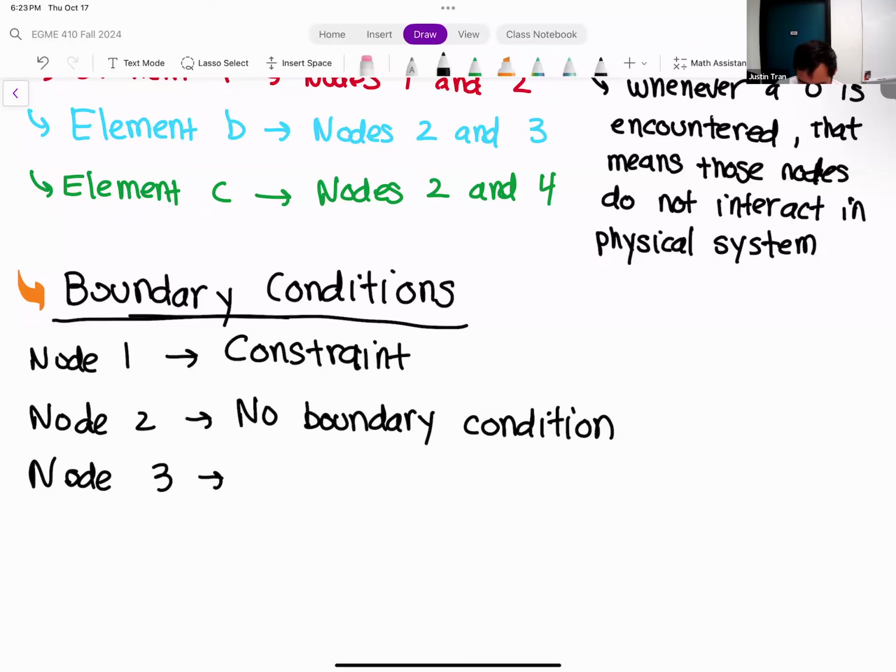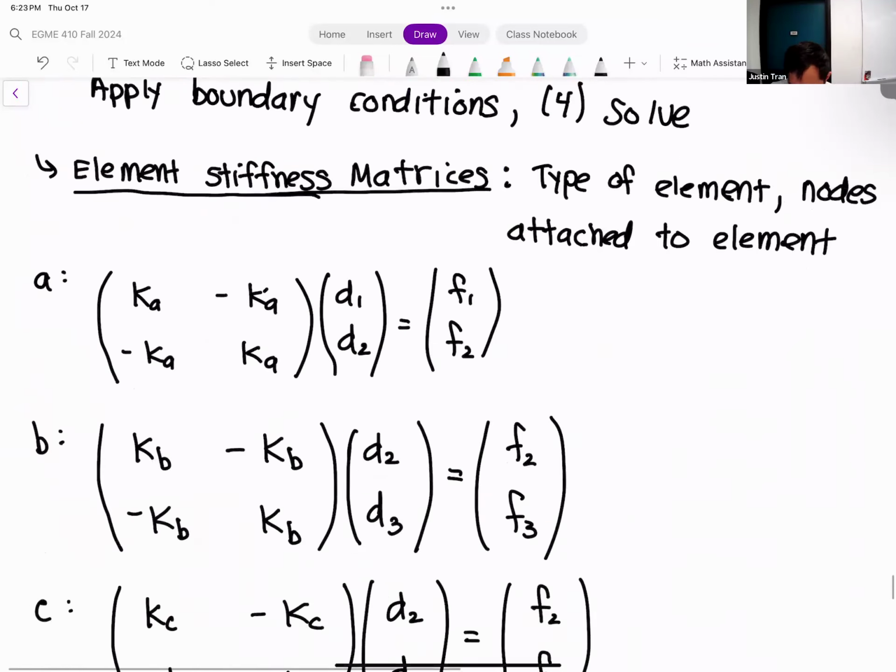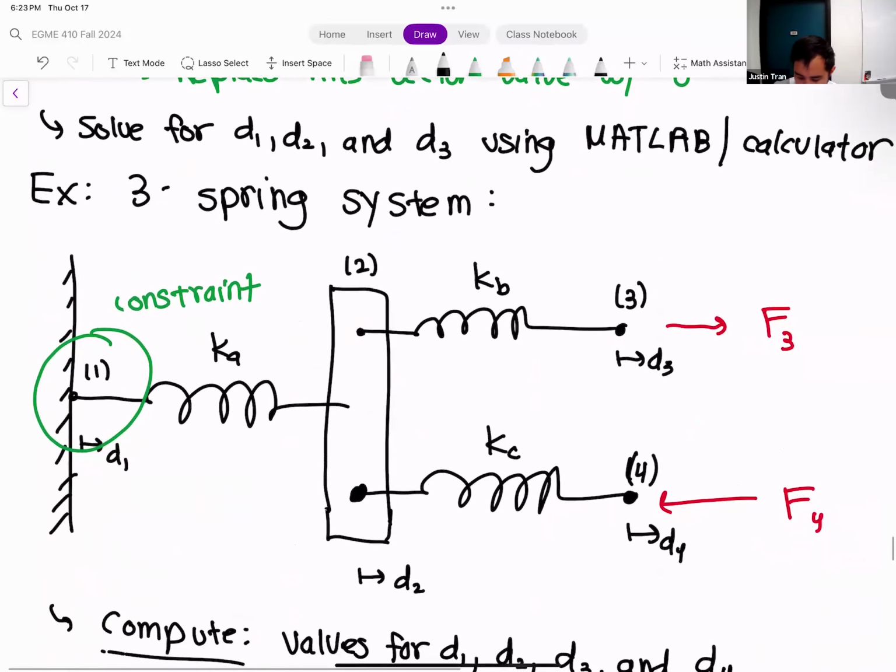Okay, node 3, let's come back up to the figure here. Node 3, you can see we do have a boundary condition being applied, and it's a load, right? So we have a force F3 that's pulling node 3 to the right.